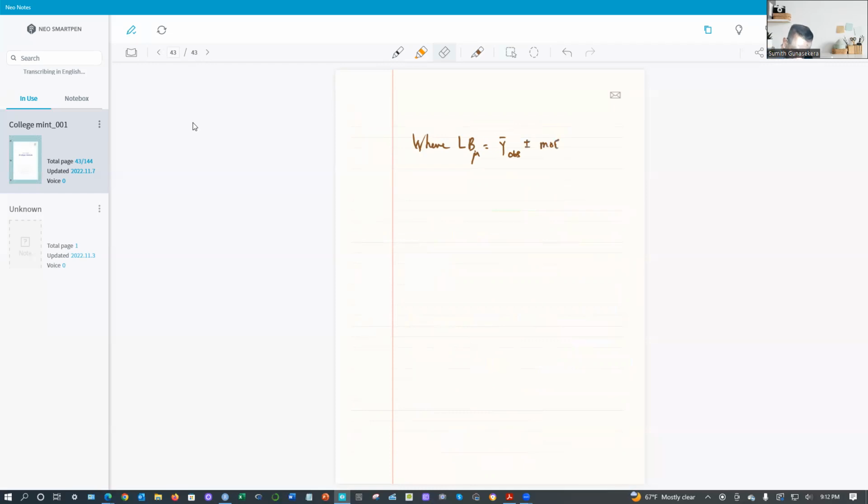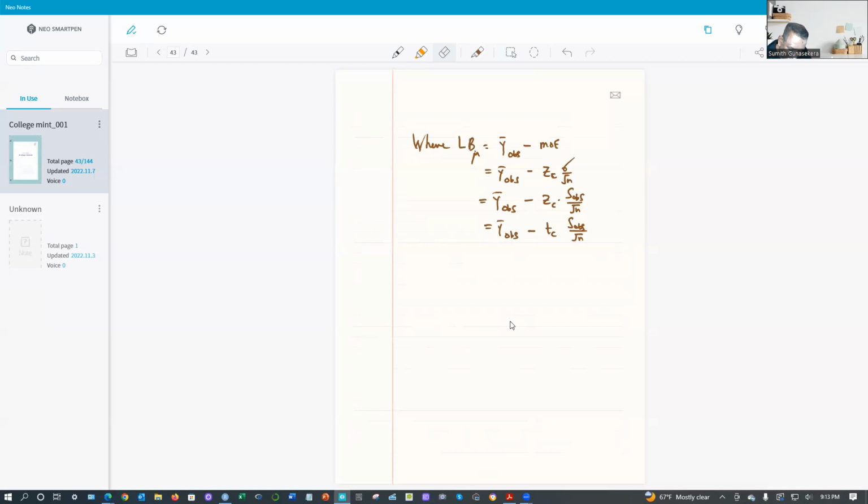Sorry, minus only, not plus. That is y bar minus CC sigma over square root n with critical values, or y bar minus CC s obs over square root n, or y bar minus TC s obs over square root n, again depending on which one.